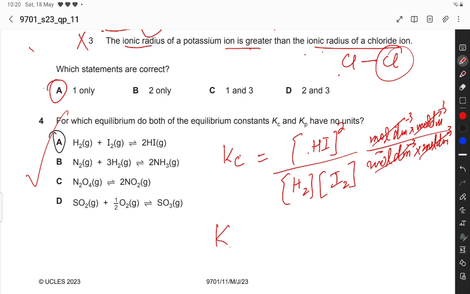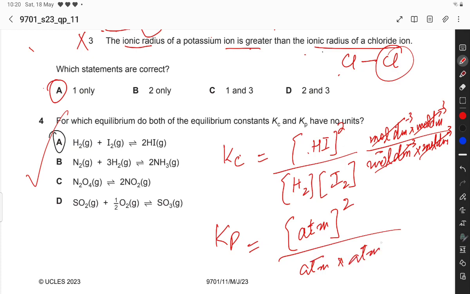Kc has no unit and Kp also has none, so this is also correct.